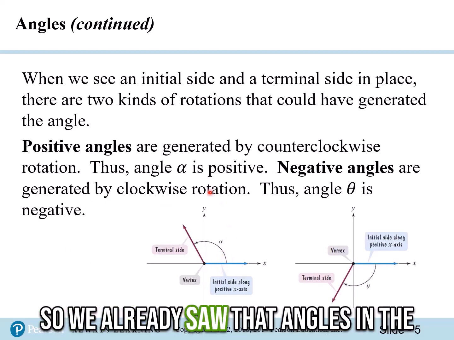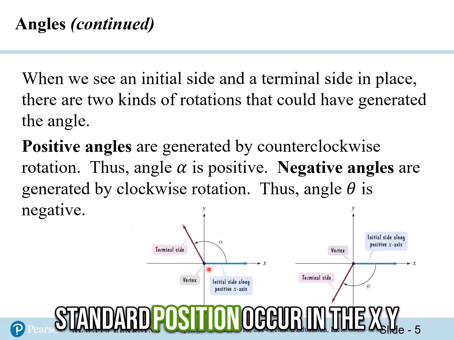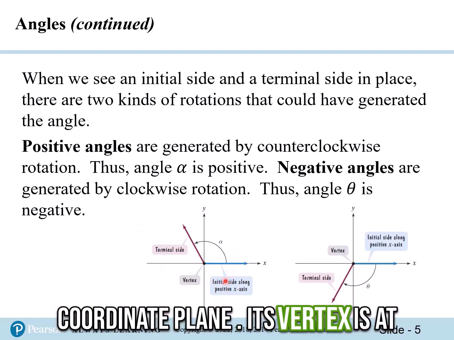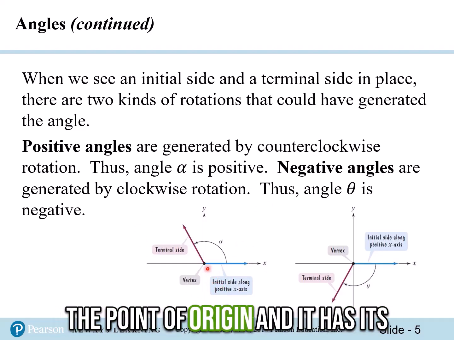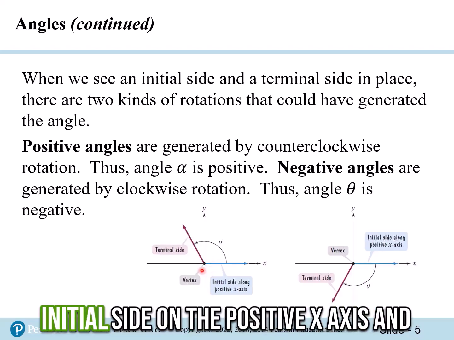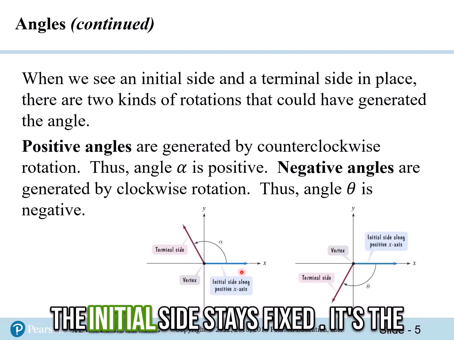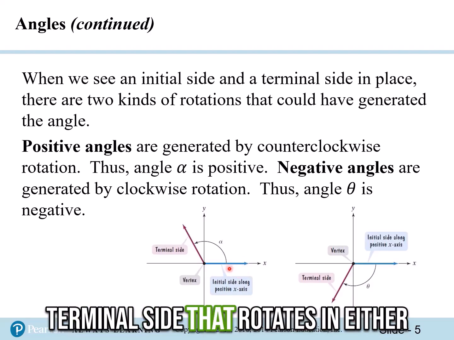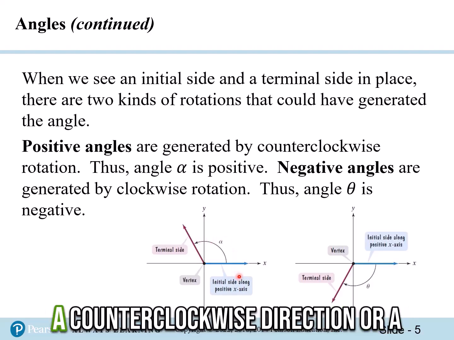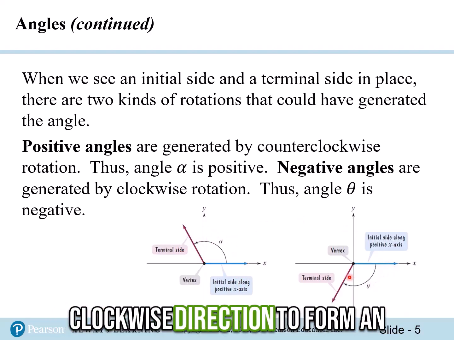So we already saw that angles in the standard position occur in the xy coordinate plane. Its vertex is at the point of origin and it has its initial side on the positive x-axis, and the initial side stays fixed.